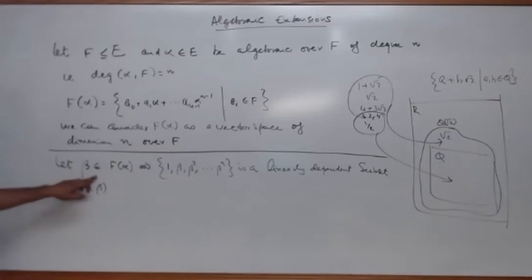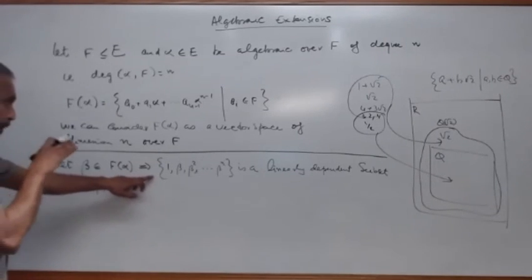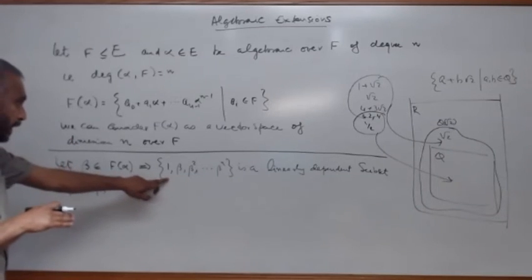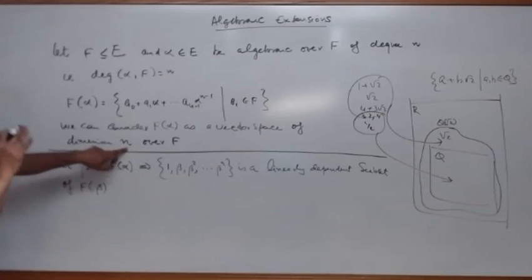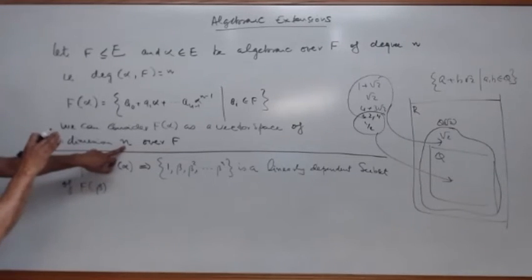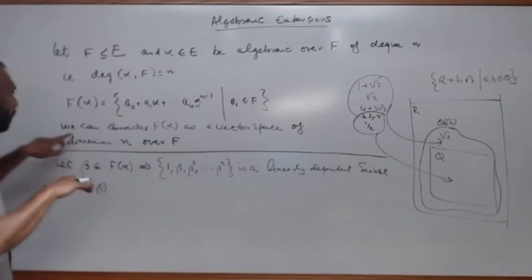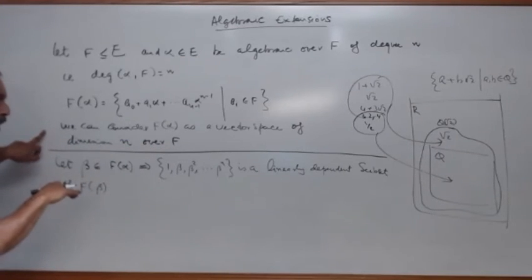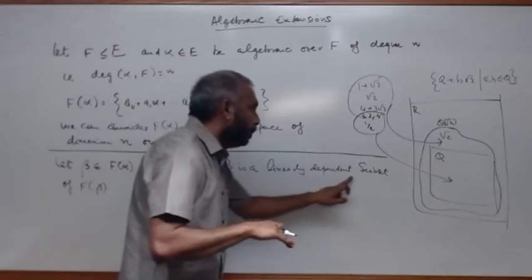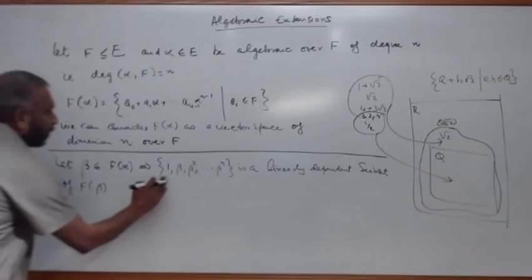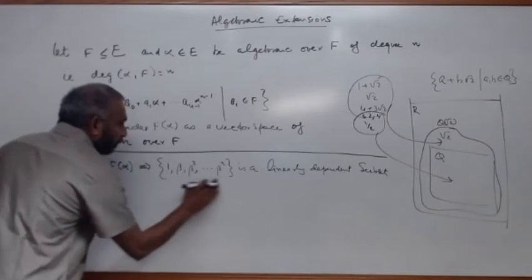Why? Because in the last result we saw that if the dimension is n, any subset containing more than the dimension of the vector space is always linearly dependent. This has n plus 1 elements.